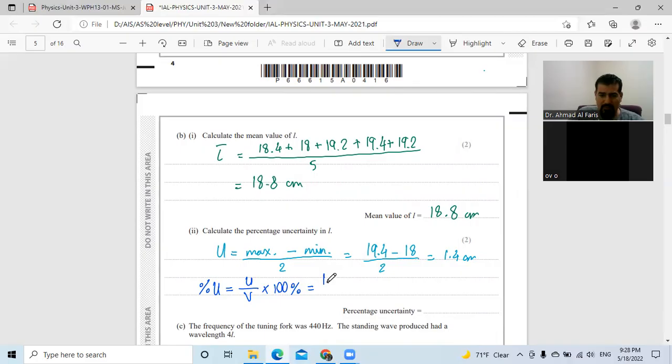So the value that we have, 0.7, here, I'm sorry, 0.7, divided by 18.8, multiplied by 100%, and the value will be 3.7%. So the percentage uncertainty will be 3.7 percent.